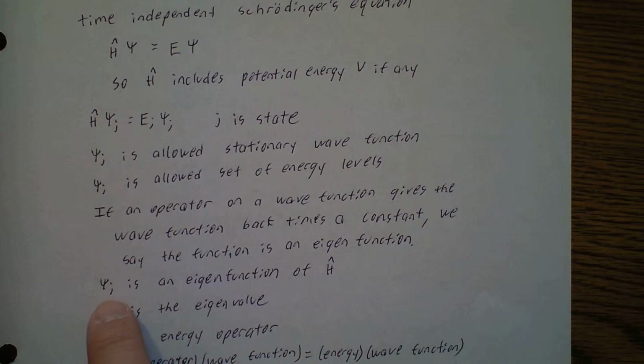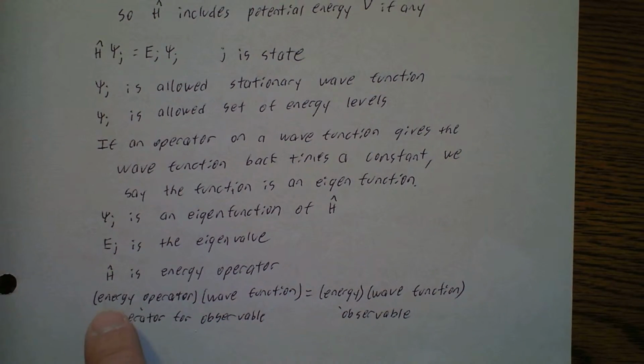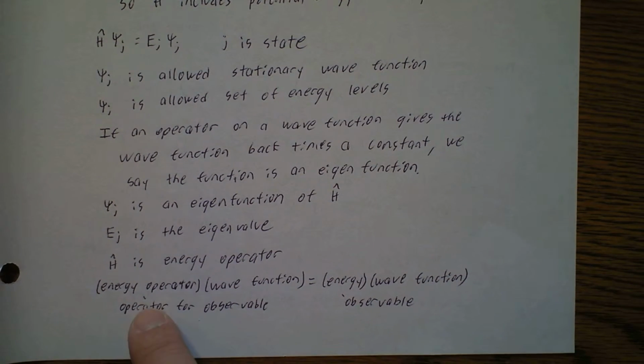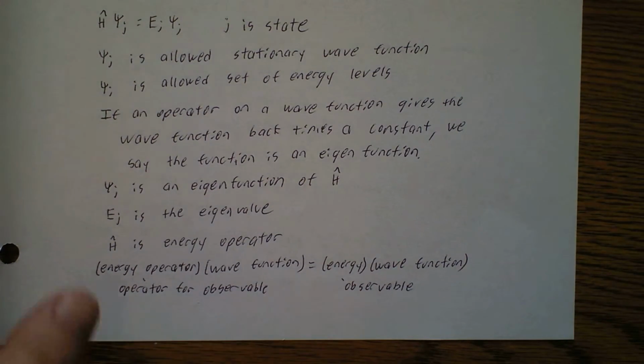So psi of j is an eigenfunction of the Hamiltonian operator. E of j is the eigenvalue. Hamiltonian is the energy operator. So we have the energy operator times the wave function is equal to energy times the wave function. So here we have the operator, and here we have the observable.